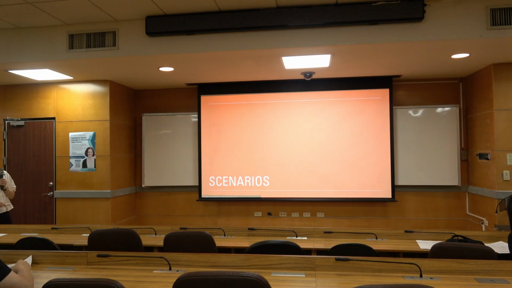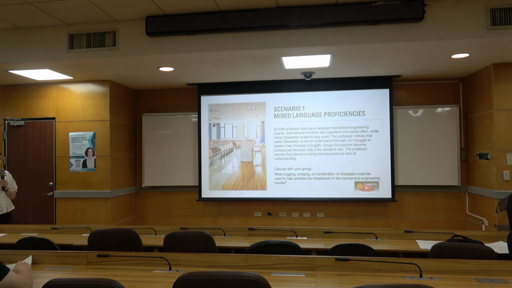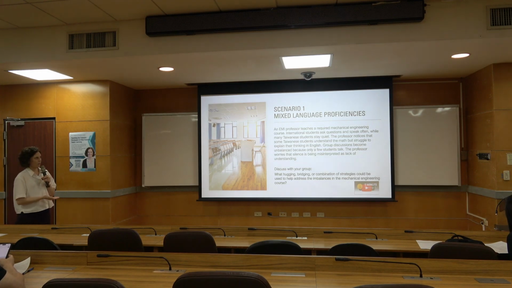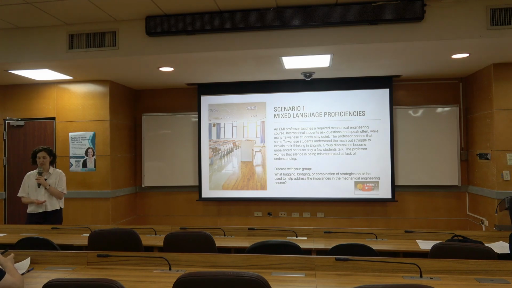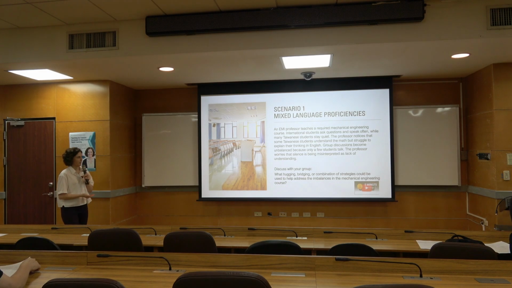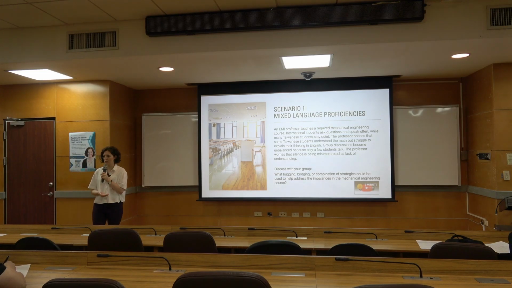Okay, so I thought it would be good for us to have a couple of scenarios. We'll do one or two. I don't think we'll be able to do all three. So I know that this is one of the challenges that I've encountered or I've seen professors have, and something that I also have encountered is mixed language proficiencies within a class.